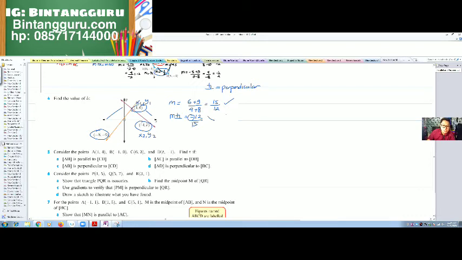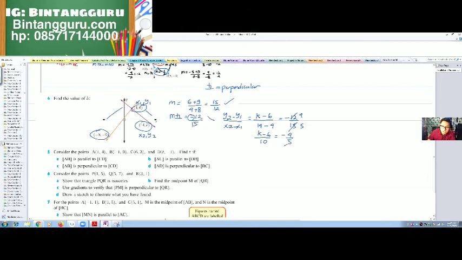So we have to use the formula y2 minus y1 over x2 minus x1. So this is k minus 6 over 14 minus 4, which is equal to negative 12 over 15. So this is k minus 6 over 10 equal to, we could simplify, negative 4 over 5.